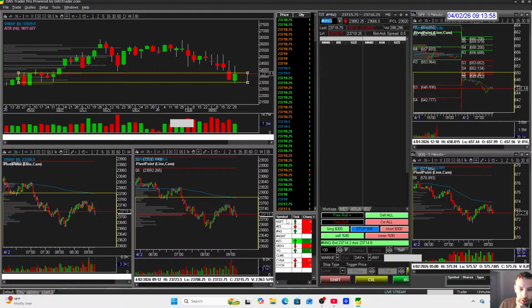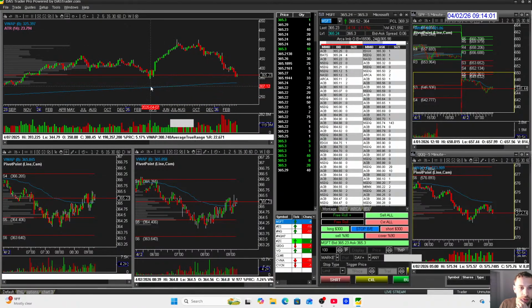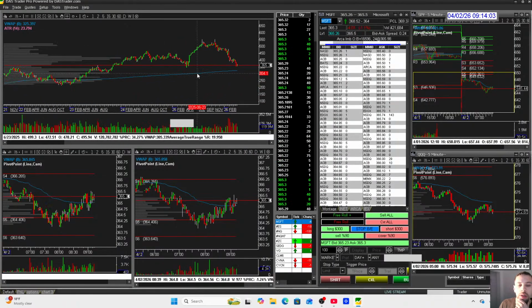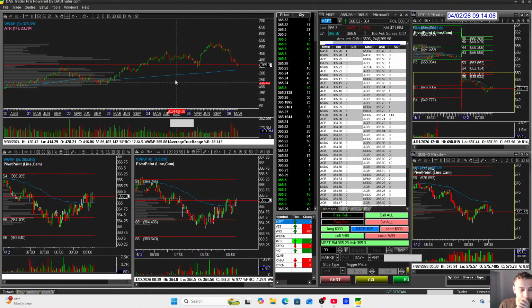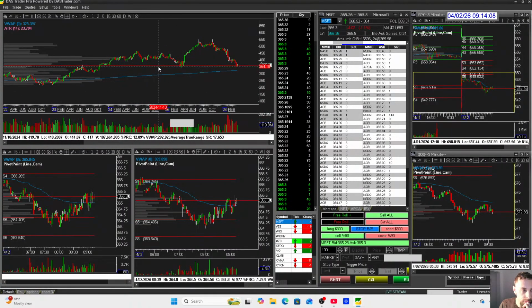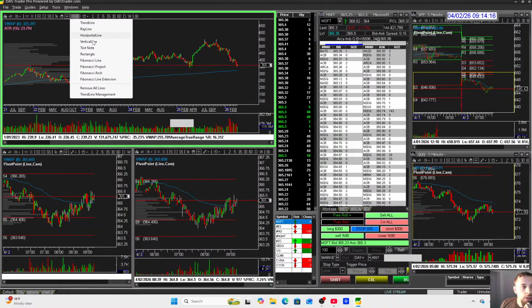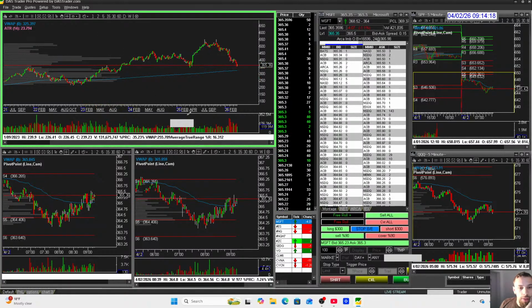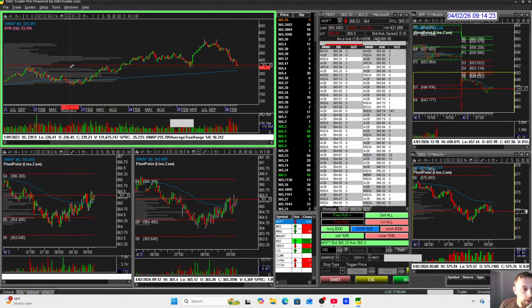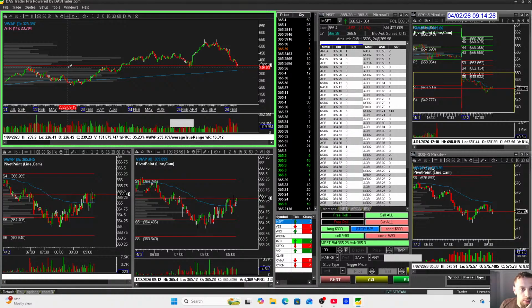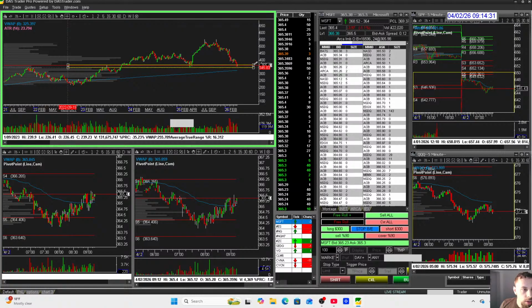Let's look at Microsoft. Microsoft has had some decent volume past couple weeks here. Area of support gonna be 345. Area of resistance here, pretty much where the price is at.